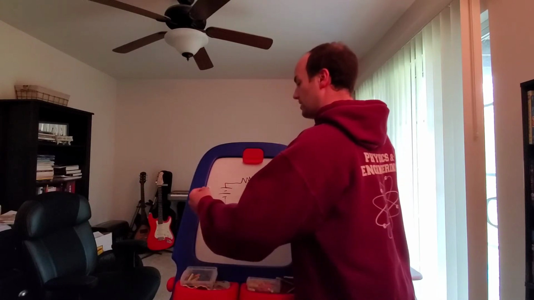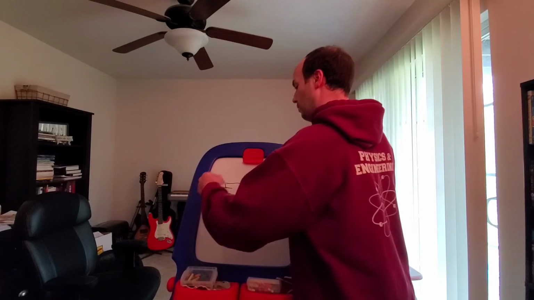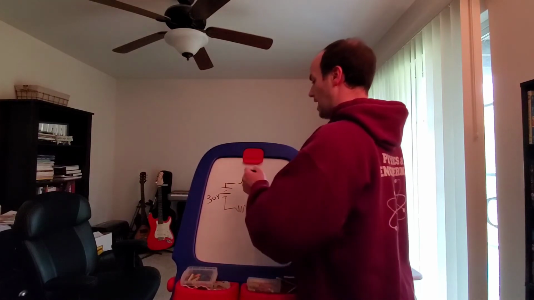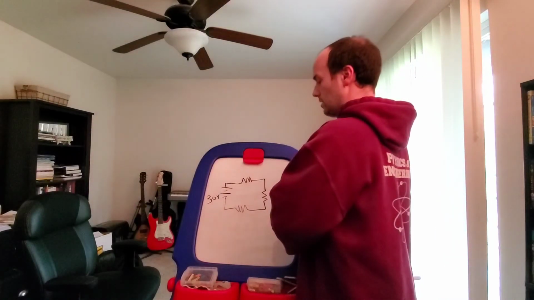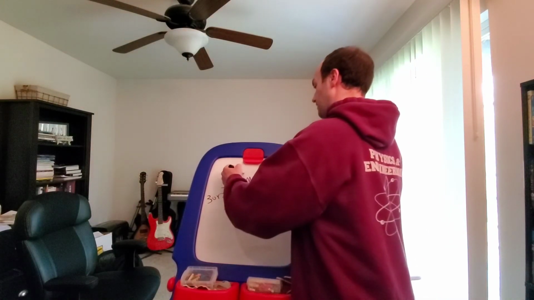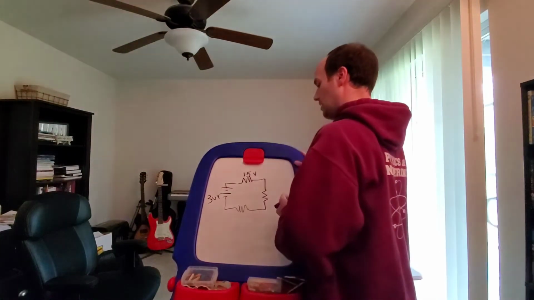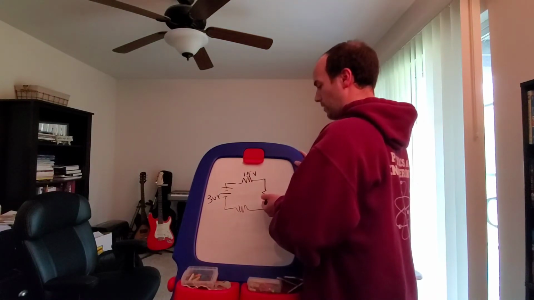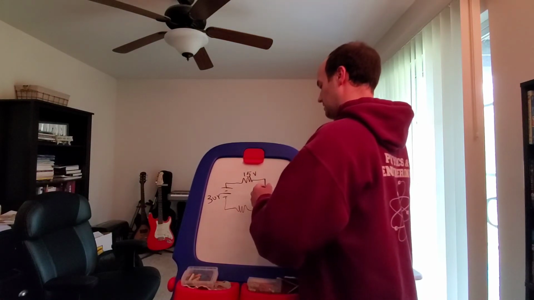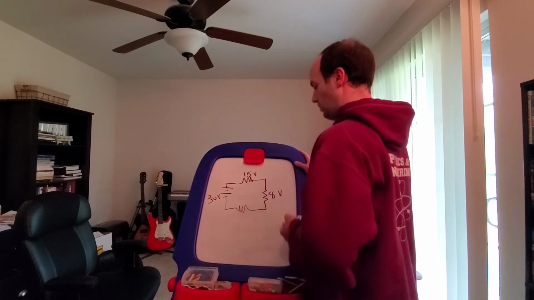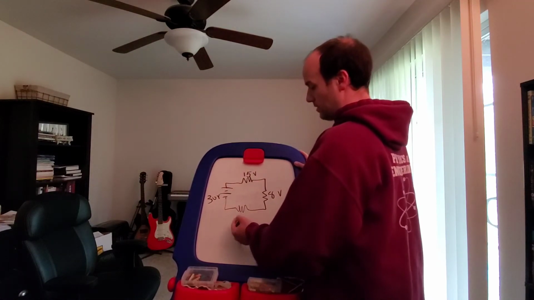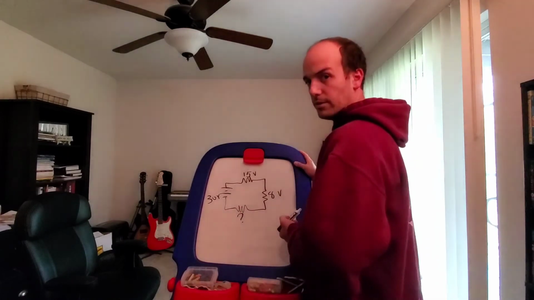We know this is a 30 volt source, and we know the electric potential difference from this resistor is, let's say, 15 volts. The electric potential difference from this resistor is maybe 8 volts. What is the electric potential difference of this resistor?